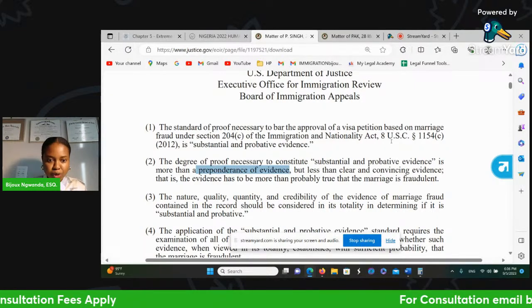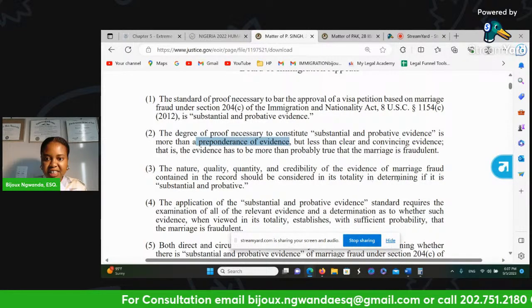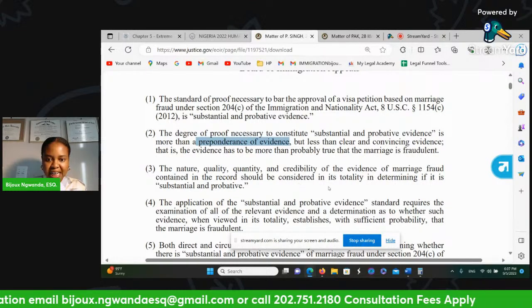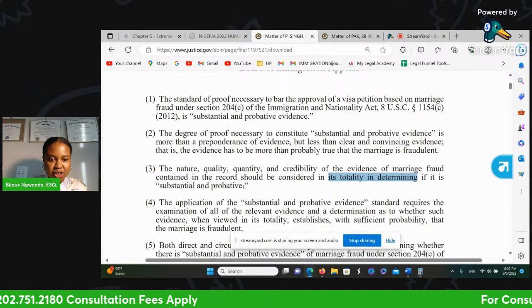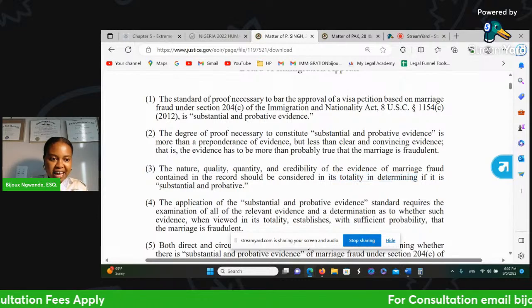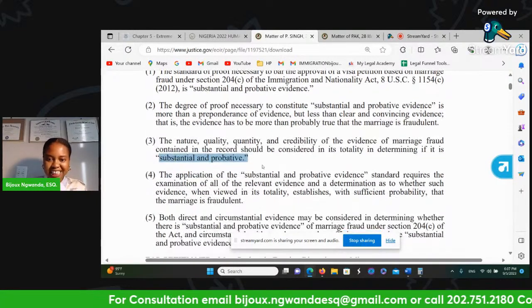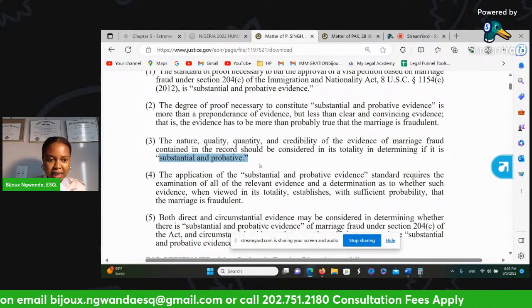Okay. And it says that the nature, quality, quantity, and credibility of the evidence of marriage fraud contained in the record should be considered in its totality in determining if it is substantial and probative. They have to look at everything. They can't just come up with some allegations here and there. They have to look at the entire case, right?